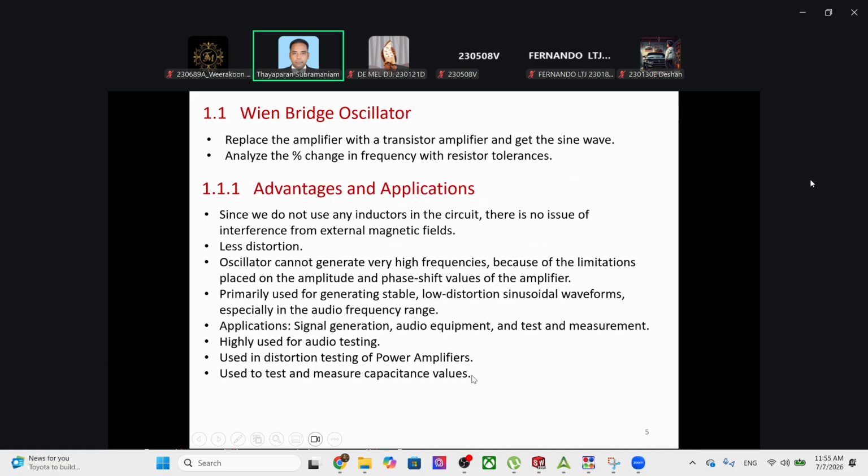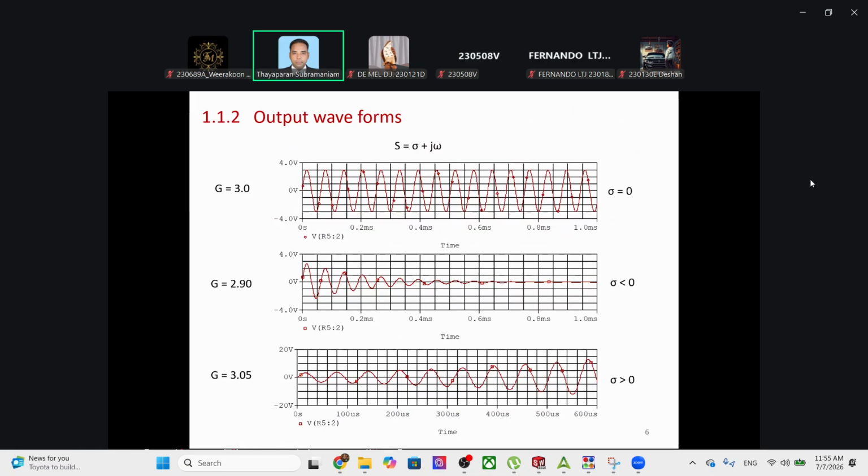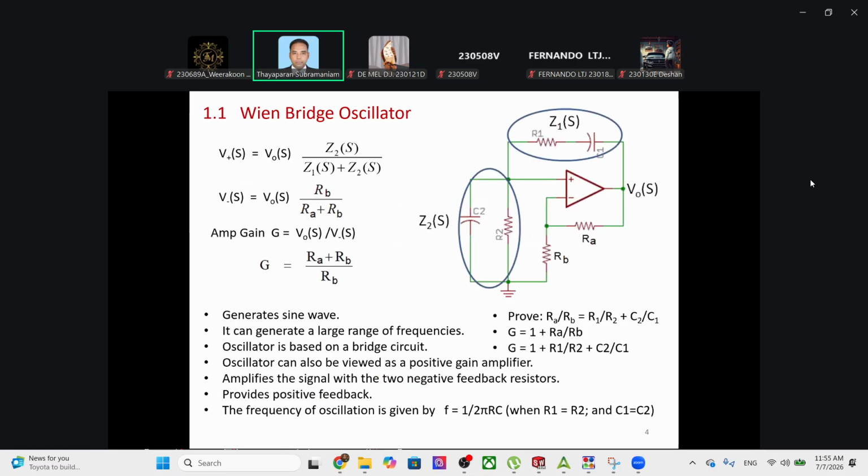Capacitance measurements. How do we measure the capacitance? Well, if you go and characterize this, what we are going to do is put our known capacitance here and get the output frequency. We design a Wien-Bridge oscillator, characterize it, and we have a curve.